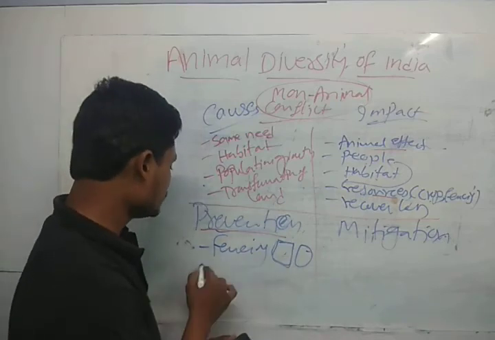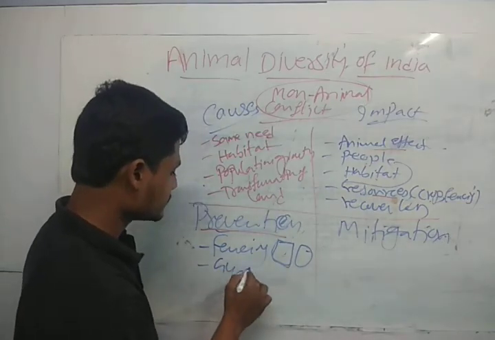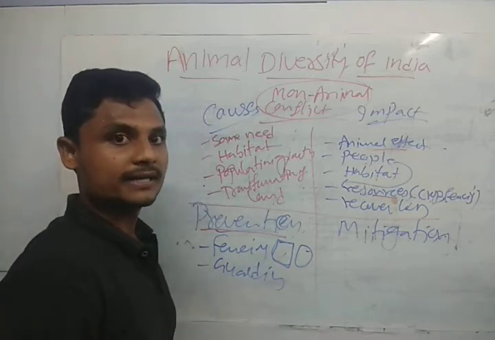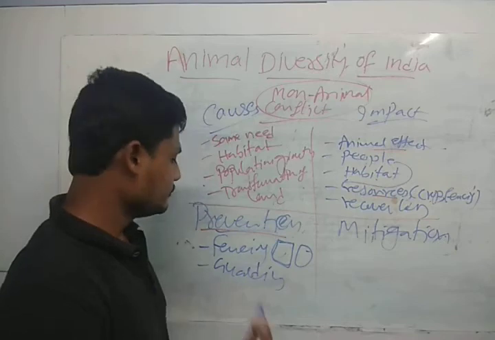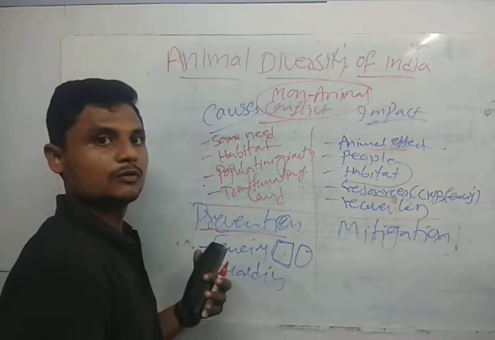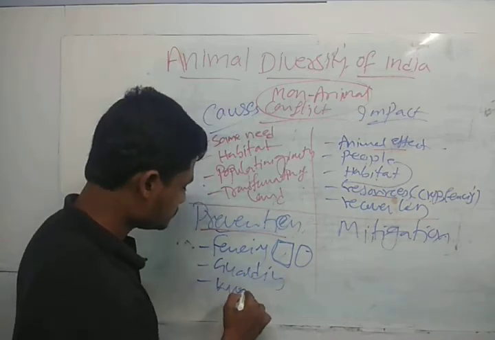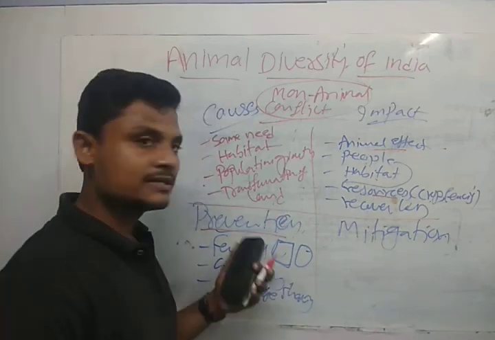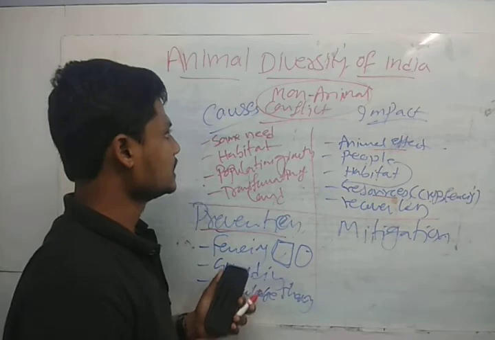After the fences we have guards, someone who is going to take care of the guarding, guys. And we should give some knowledge, knowledge sharing. These are a few preventions that we can take before it occurs, guys.